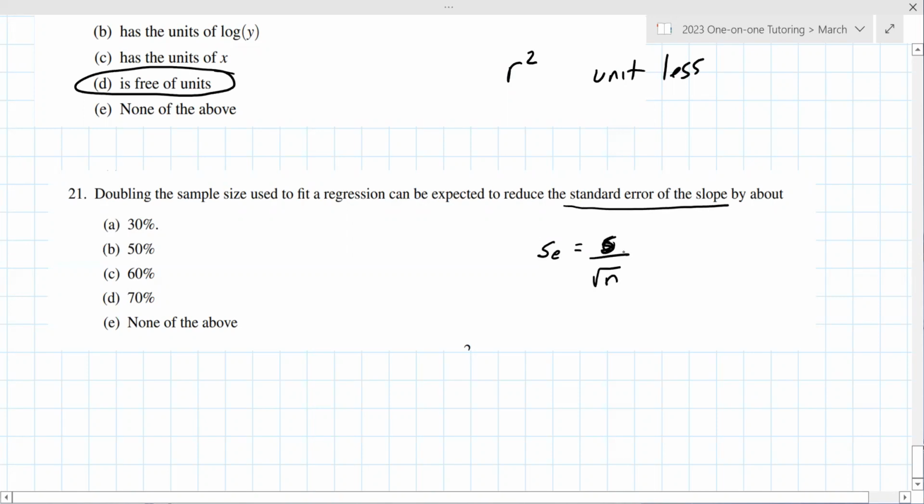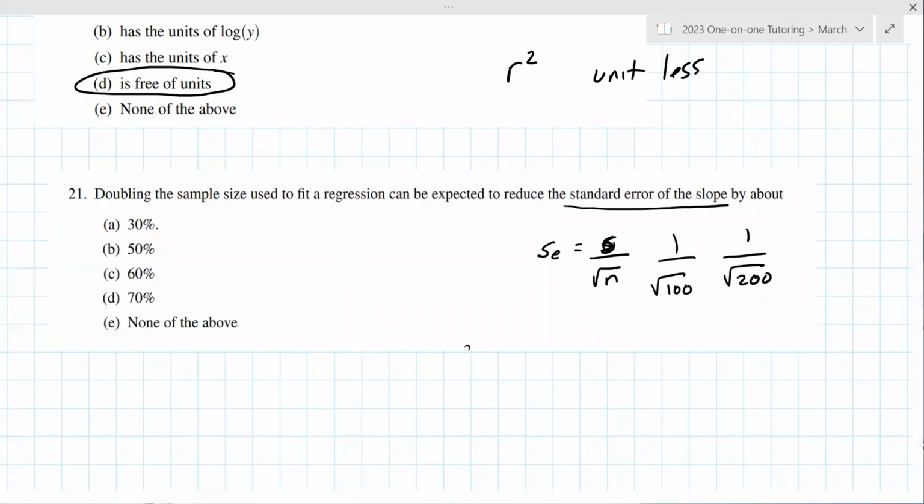If you were to increase, let's say root of 100 is 10, and we double the sample size, root of 200 is not 20, so it's not 50 and it's less. So it's either 30 or none of the above.